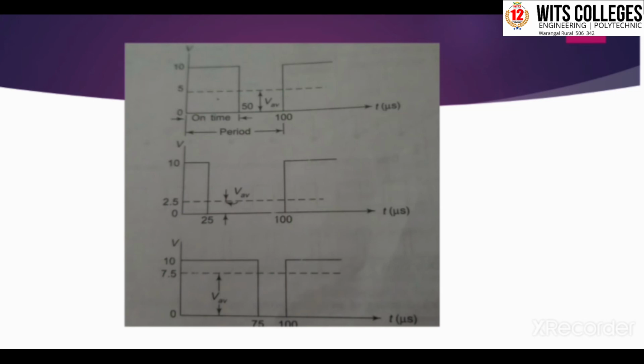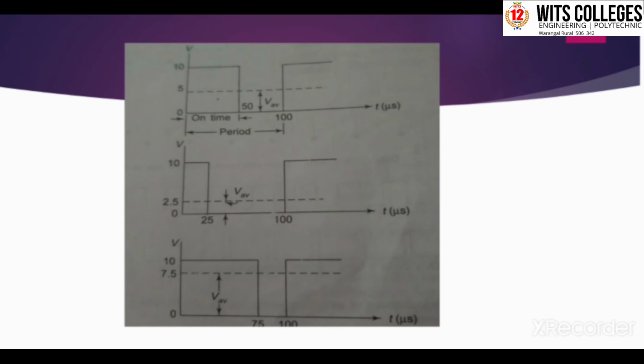The average value of a repetitive pulse waveform depends on the area under the waveform. So if the duty cycle is varied, the average value of the voltage changes proportionally. In the first diagram, we see the on time and off time.